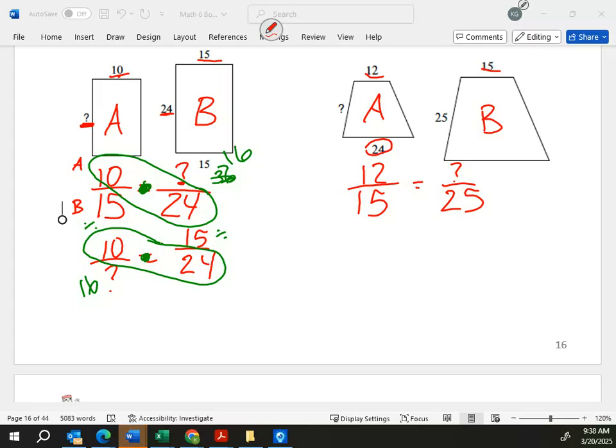James? But does 24 match up with the 25? I thought the question mark matched up with the 25. Well, what do I do with that 24? Emma? You can put a 24 over 15. But does 24 match up with the 15? I thought 12 matched up with the 15. What do I do with this 24, Sophie?